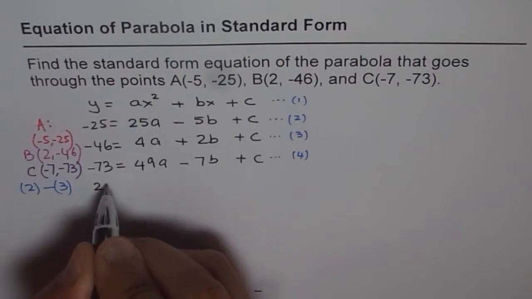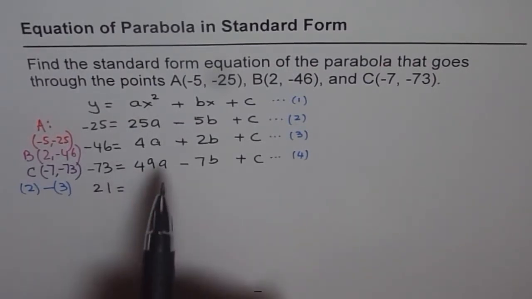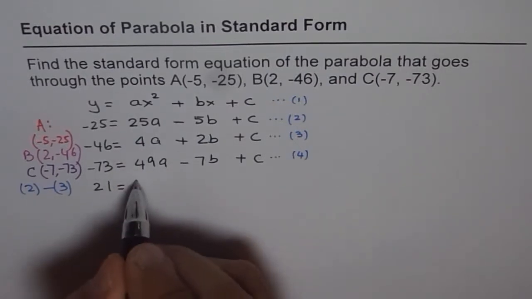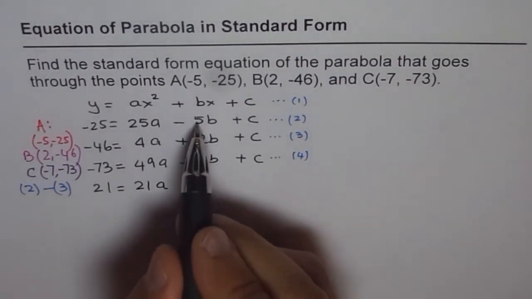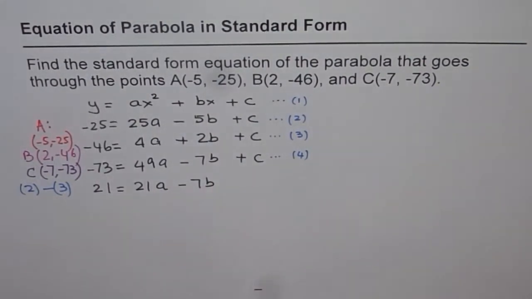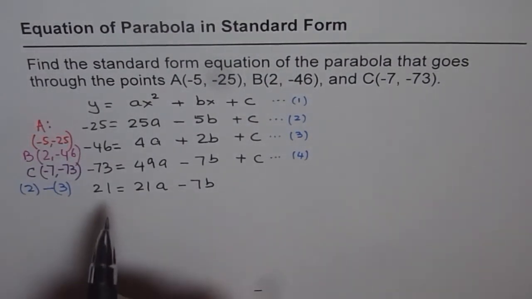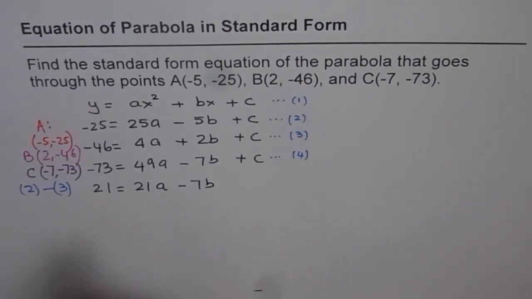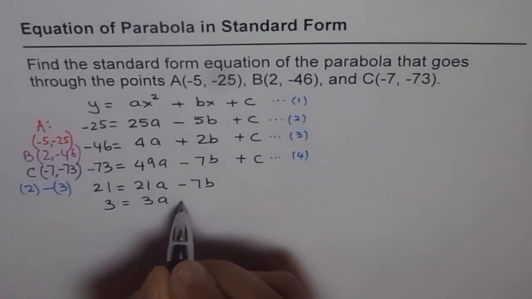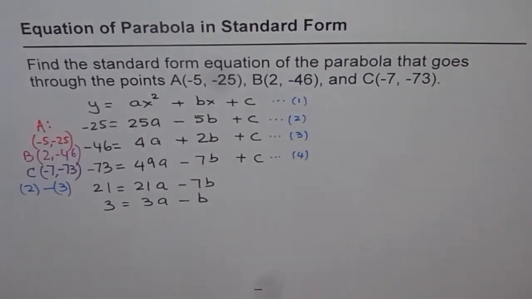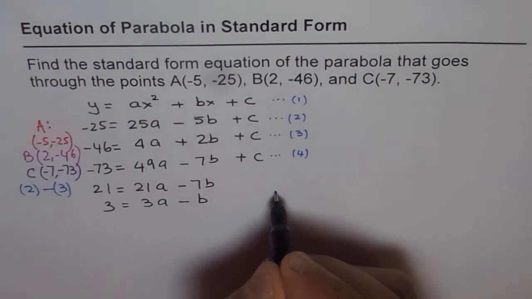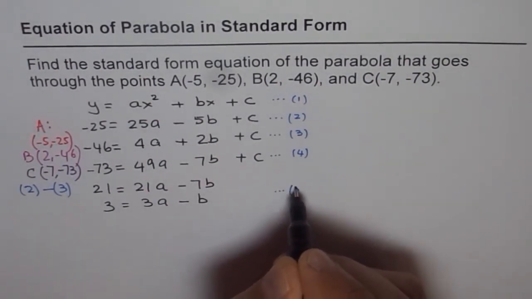So we get 21 on the left side, and on the right side we have 25a minus 4a, which is 21a, and -5b minus 2b is -7b, c minus c is 0, that is what we wanted. This can be simplified. Dividing by 7, we get 3 equals 3a minus b. That's another equation with just a and b. Let's number this 5, so that is our equation 5 now.